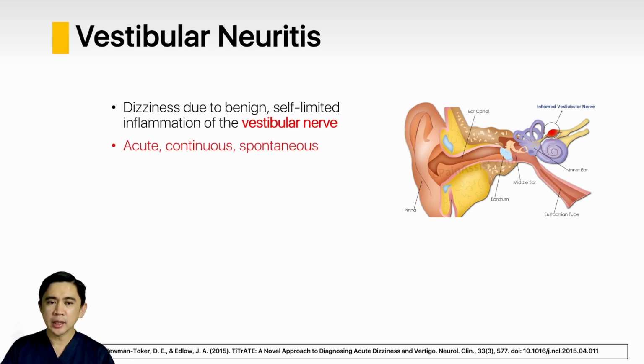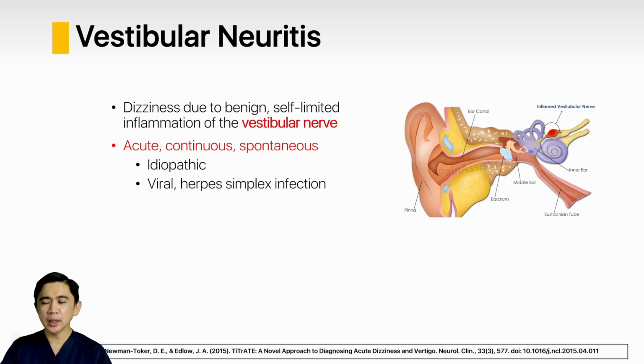Vestibular neuritis is acute, continuous, and spontaneous. The cause is usually idiopathic, but there are studies which imply that it has a viral origin, particularly herpes simplex infection.